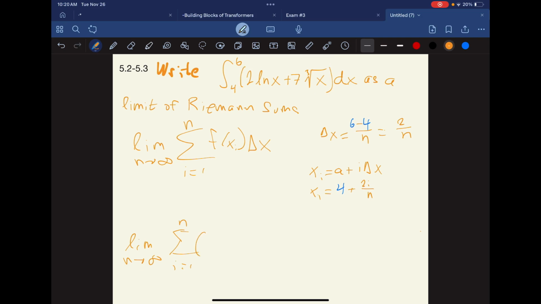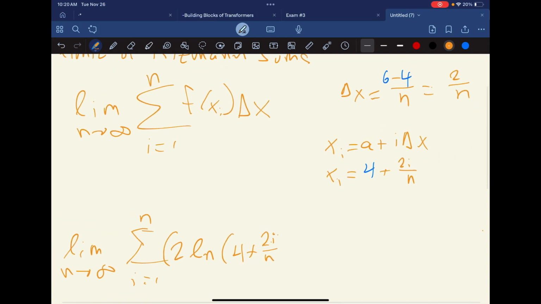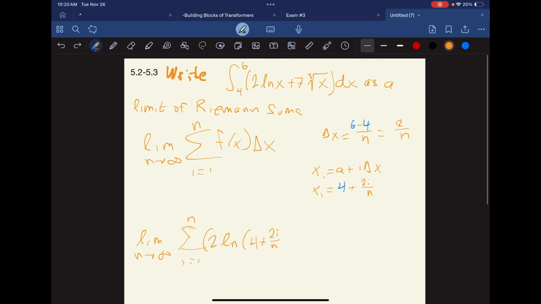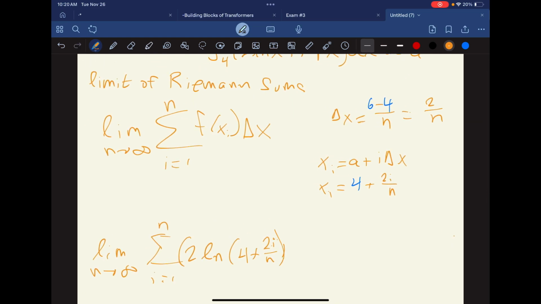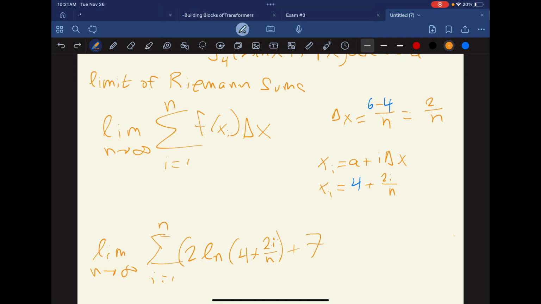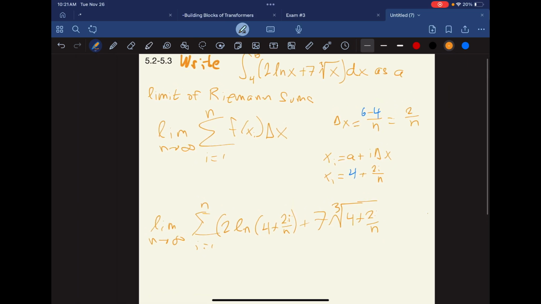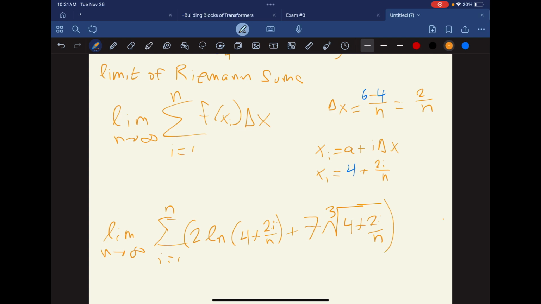So this is going to be 2 ln of xi being 4 plus 2i divided by n, plus 7 cube root of 4 plus 2i over n, and then all times delta x.